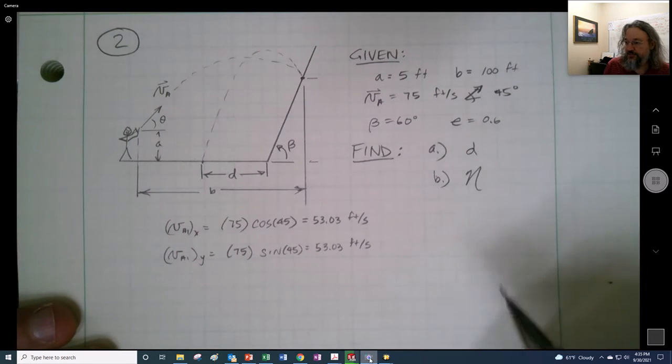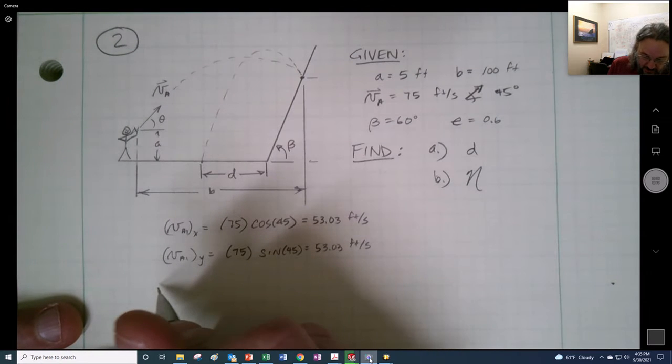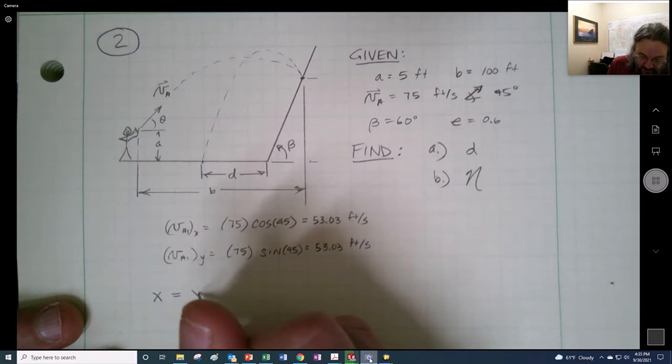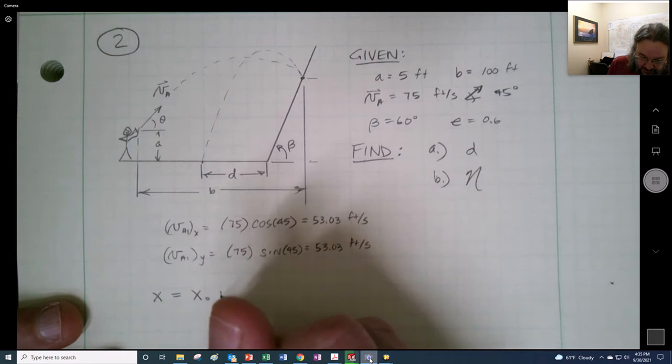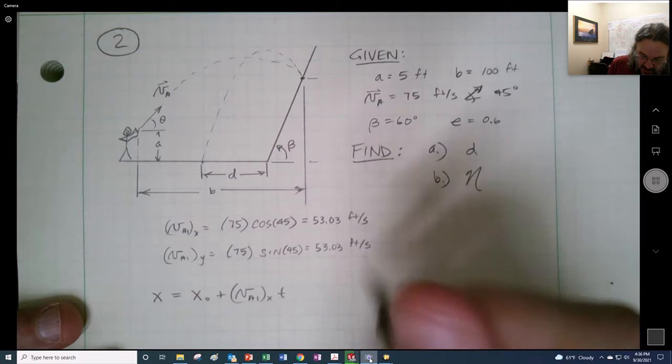And so in the x direction, it's kind of easy to do here, right? We know that it's a constant velocity process in the x direction. So x naught plus the velocity A1 in the x direction times time, right?